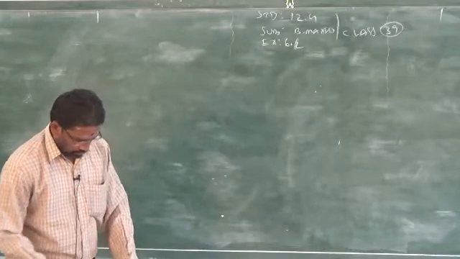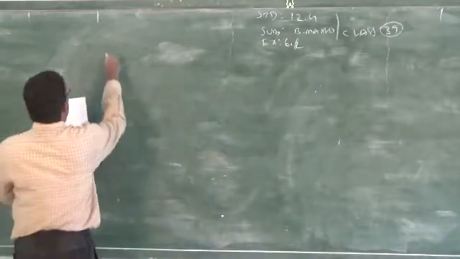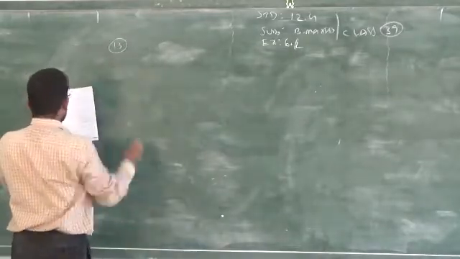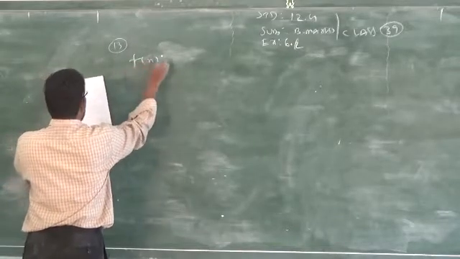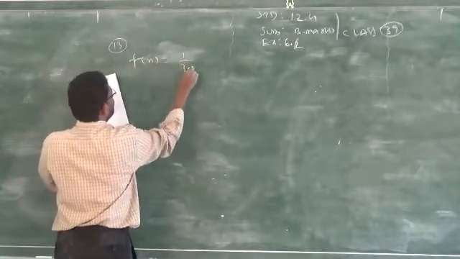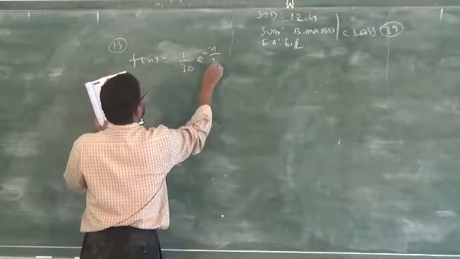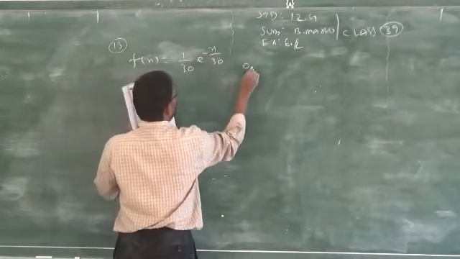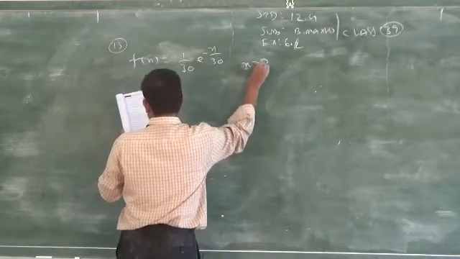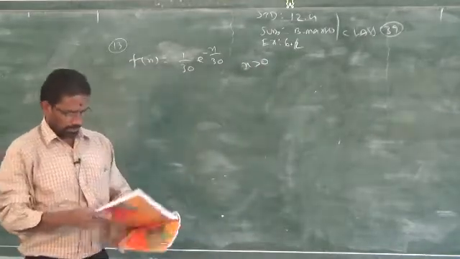Clear? The last question of this exercise, sum number 13. F of x is given as 1 by 30 e power minus x by 30. The limit is given, x greater than 0, that is 0 to infinity.